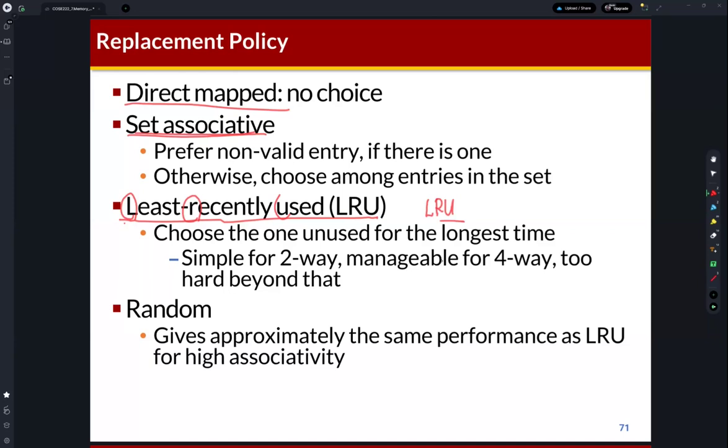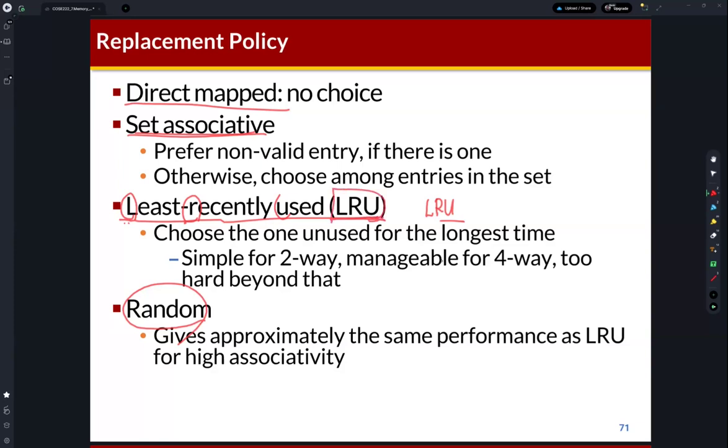So this replacement policy is the least recently used. We can also apply the random replacement policy, which means that among the valid blocks, the block which will be evicted can be selected randomly.